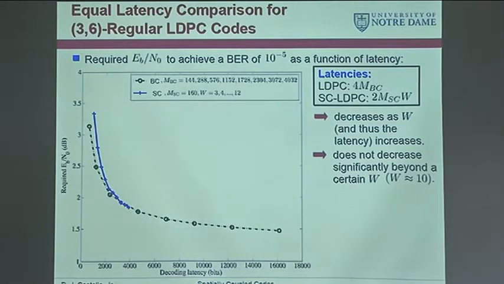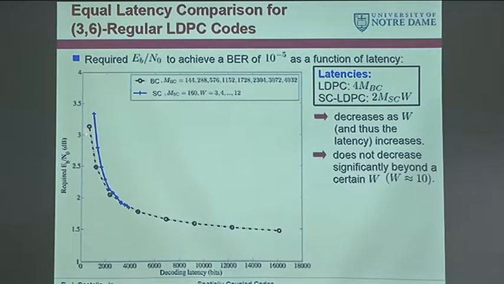This is all simulation-based. This is not analysis-based. It would be nice to be able to do this type of analysis, so we're making a little bit of progress on that, at least with the erasure channel now. But this work is all, this is Gaussian channel, it's all simulation-based. But it gives us some insight.